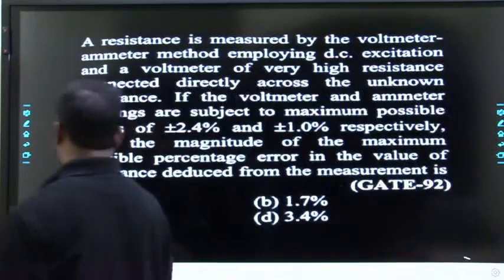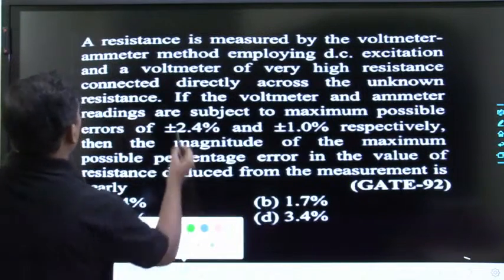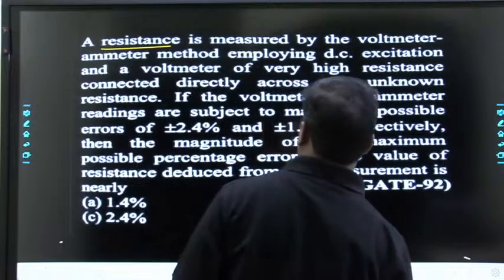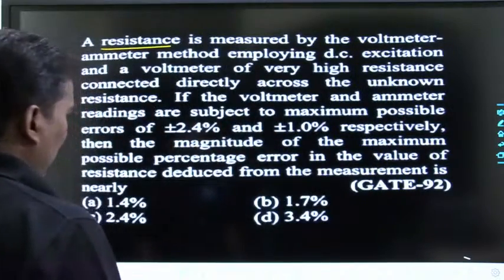A resistance is measured by the voltmeter-ammeter method employing DC excitation and a voltmeter of very high resistance connected directly.